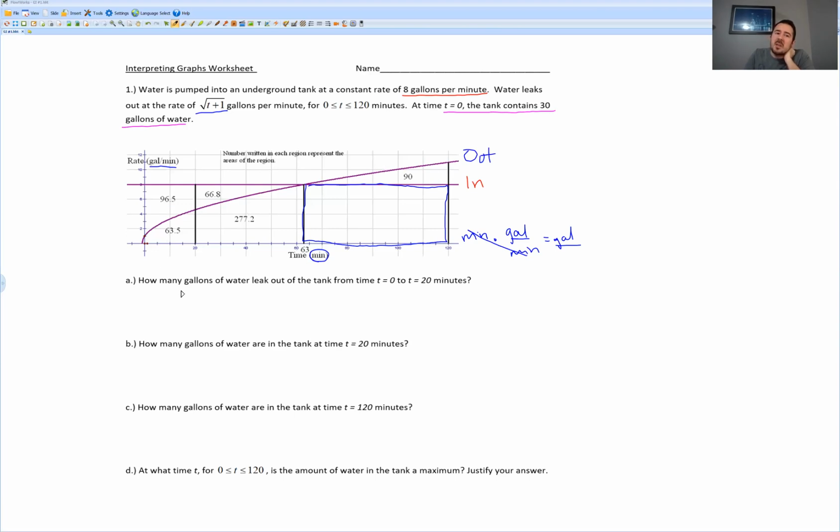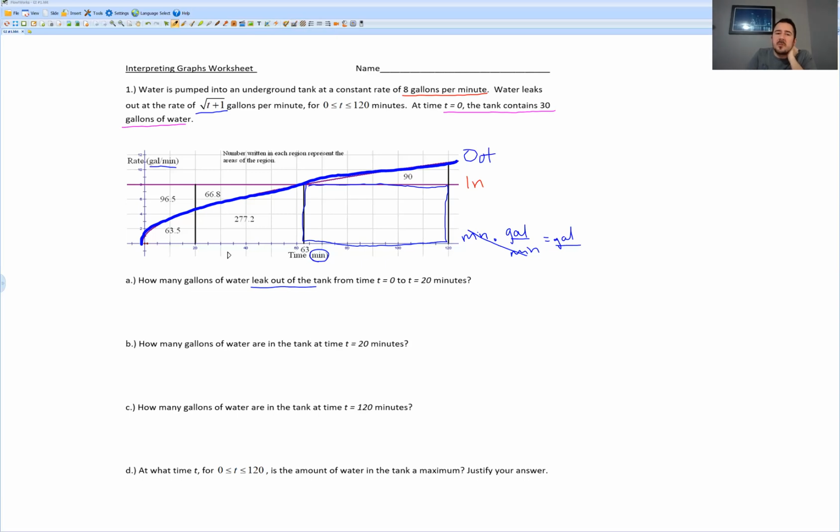So part A: how many gallons of water leak out of the tank from time 0 to 20? First, it's important to realize that I'm only asking about how much leaks out of the tank, which means I'm only concerned with this out function. This is the only equation I really care about.